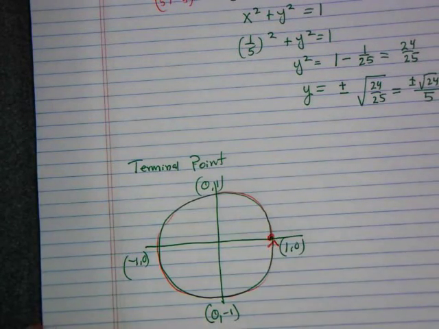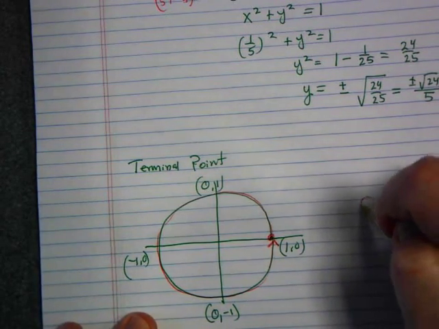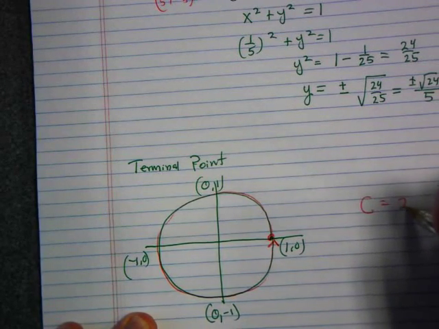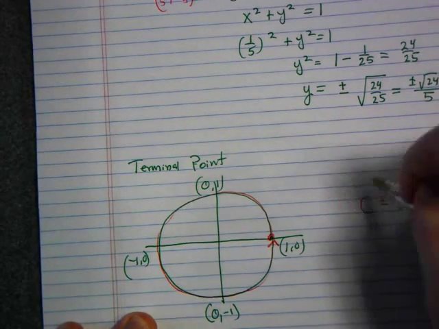How do you find the circumference of a circle? Two pi r? You don't sound confident on that. Yes, all right. Circumference of a circle is 2 pi r. What's the area of a circle?